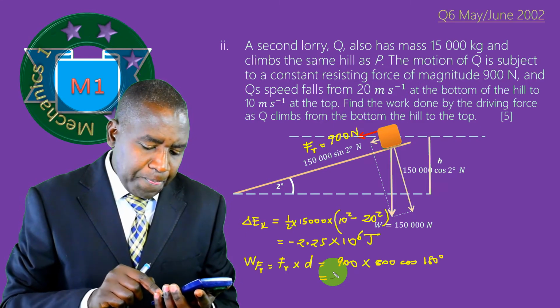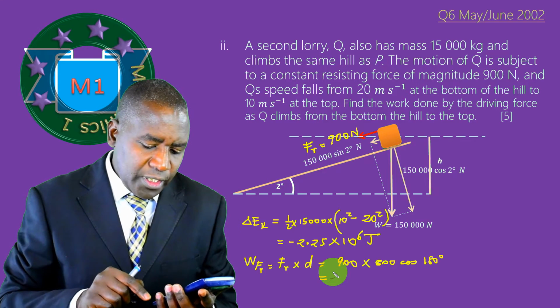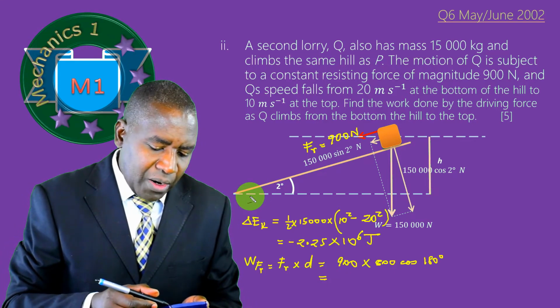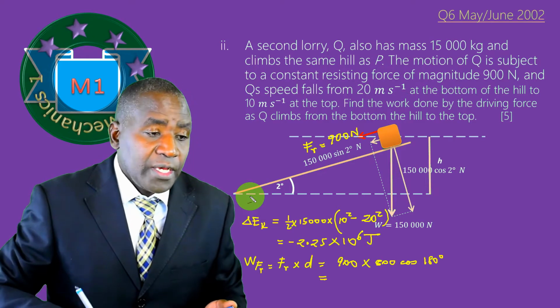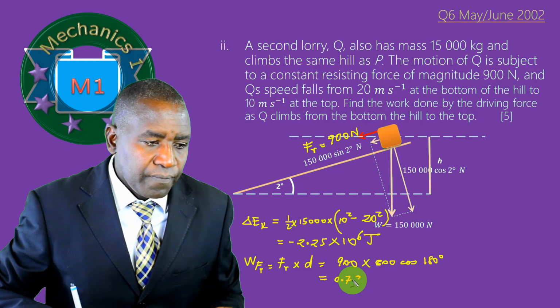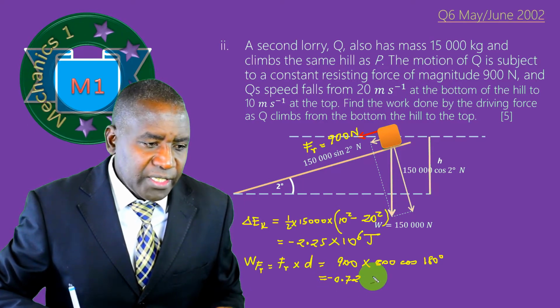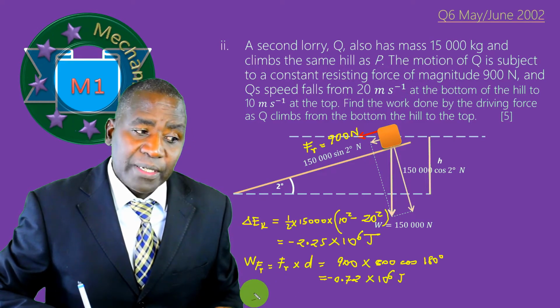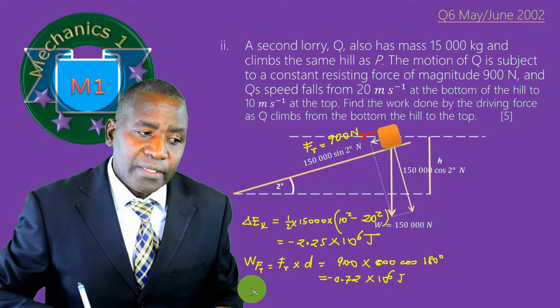But 900 times 800 will give me, I want to keep it to the same power, 1, 2, 3, 4, 5, 6, 0.72. There's a negative sign, by 10 raised to power 6 joules.